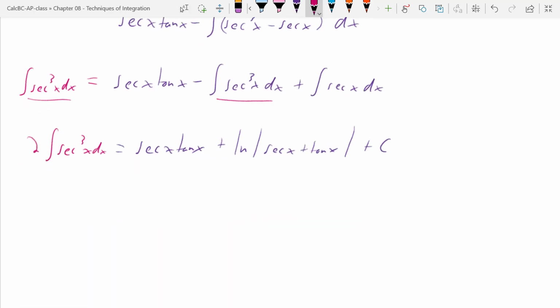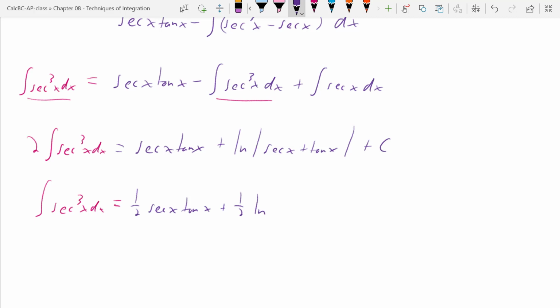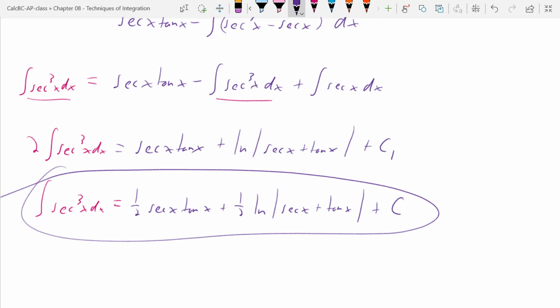Dividing both sides by 2, and I get the integral of secant cubed x dx equals 1/2 times the secant of x tangent x plus 1/2 times the natural log of the secant of x plus the tangent of x plus a constant, and I'm going to call this constant C1 because I just have a new one, and that's my integral, and we're done.